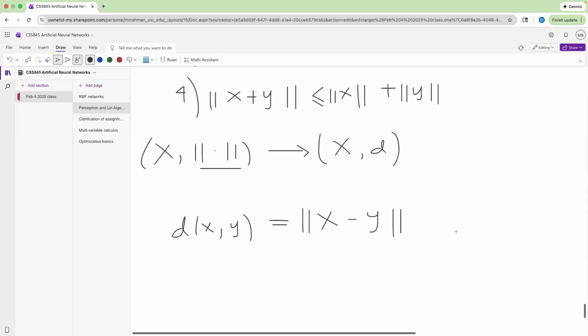That means that every normed space can induce a metric space. A metric space may not always have a vector structure, but a normed space has a vector structure, and from that normed space you can generate a metric space because you can define a distance measure by using the norm.